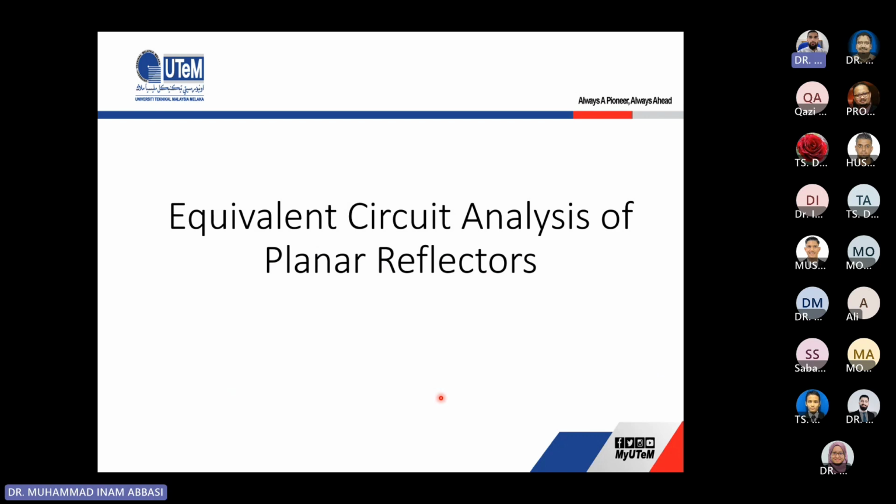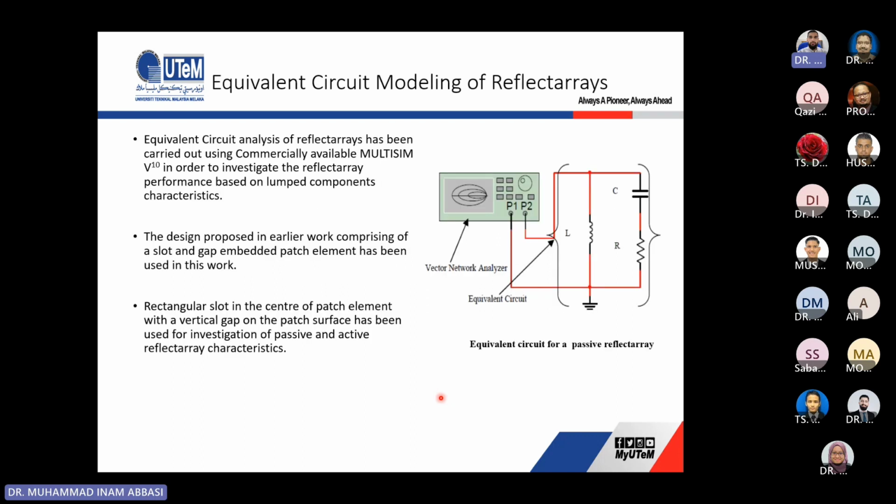All right. After the unit cell design, because we want to understand more about it, we have also done the equivalent circuit analysis, because as electrical engineering students or researchers, we can understand more when we talk about the electrical and electronic properties of this type of antenna. This is a simple equivalent circuit model of a reflectarray antenna, based on a simple LC resonant tank with a resistance.